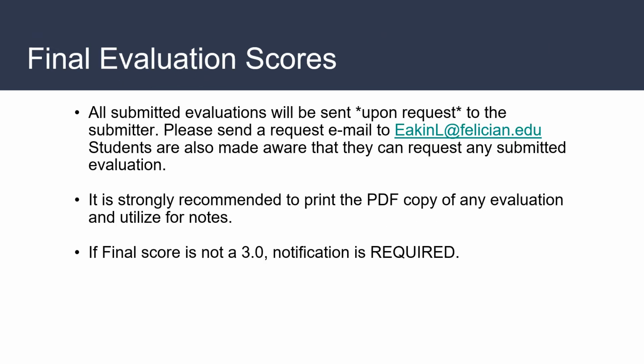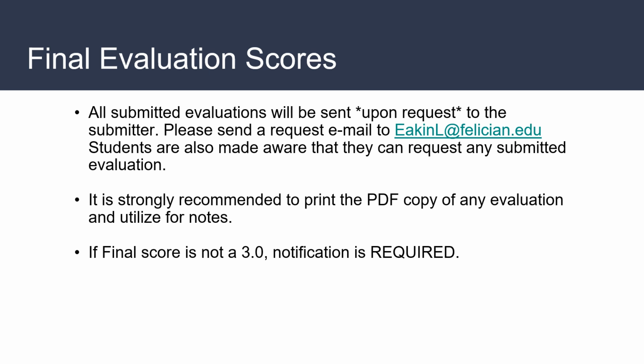As has been discussed throughout this presentation, the clinical intern must score a 3.0 or higher on the final CCI in order to be recommended for licensure. The online evaluation system will automatically calculate the score once you reach the end of the evaluation. We have done our best to provide messages and warnings within the online evaluation tool to let you know that you will no longer be able to go back and make any grammar or scoring changes.